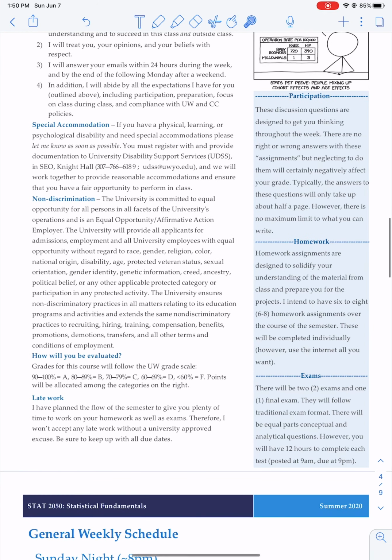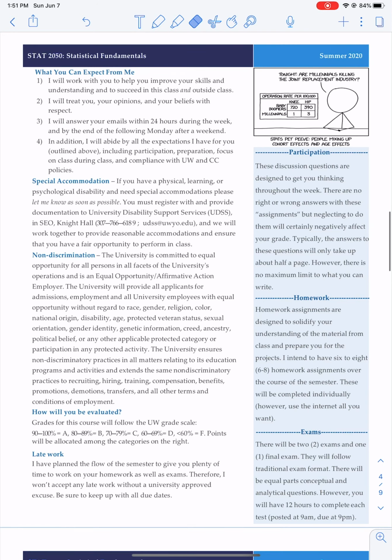And then we've got the homework. So there'll be one homework every week. I hope to have like 6 to 8, probably closer to 6 because you have 2 exams and I don't want you to get buried with work, especially over the summer, because I know that you're probably working or taking other classes, and I don't want you to be totally stressed out about anything, especially statistics.